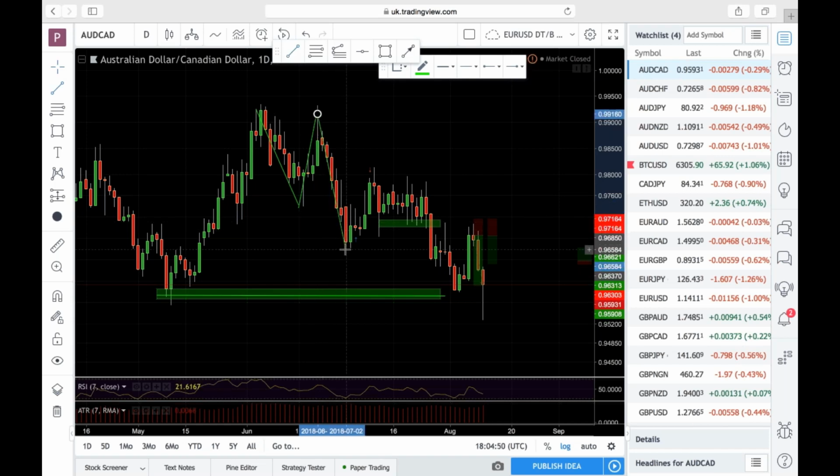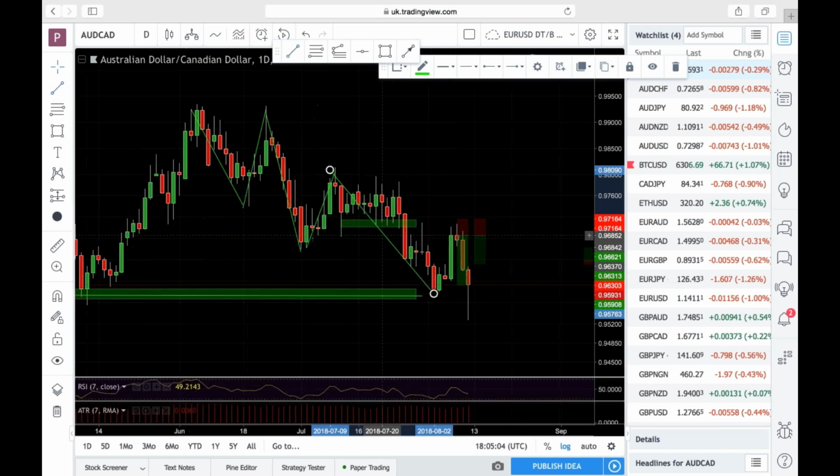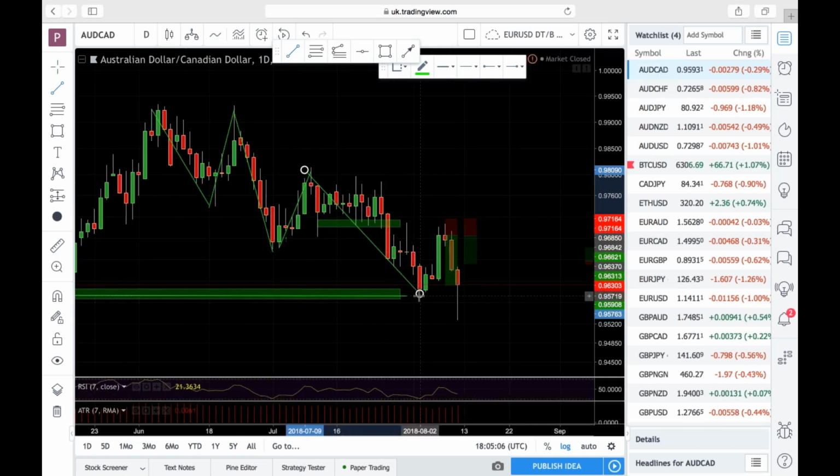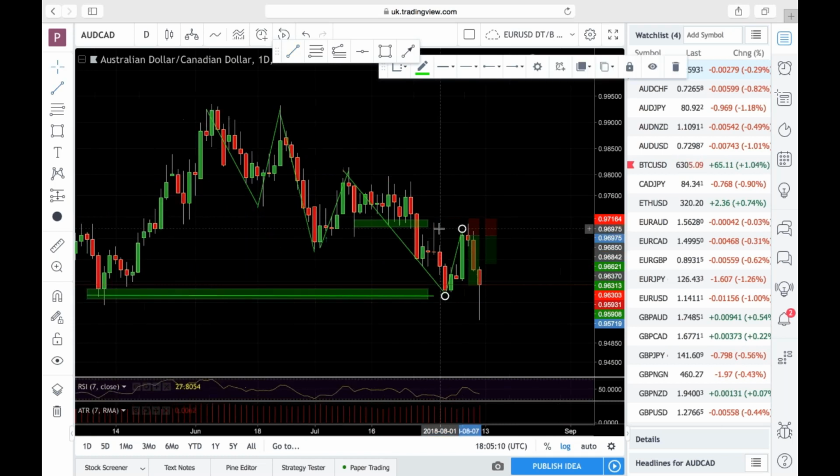Just reading a trend. This is technical analysis 101. There's nothing new here. There's a new structure low. There's an outside return. There's a new structure low. And then there was an outside return. So this is the level that we were looking at to take our trades.